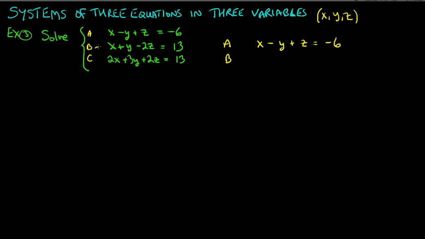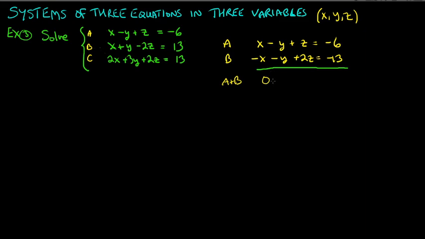So if we multiply b times negative 1 on both sides, we get negative x minus y plus 2z equals negative 13. And now we can just add the 2 equations together, so we're going to add a plus b. x minus x is 0.